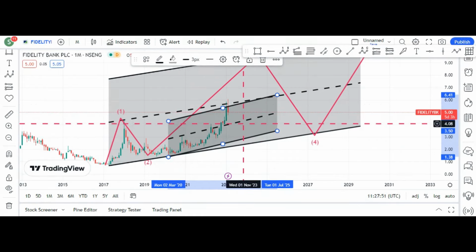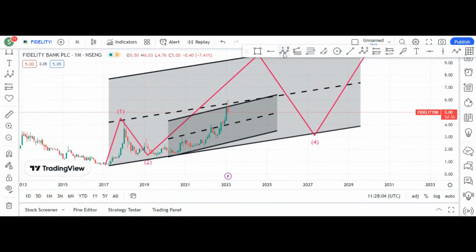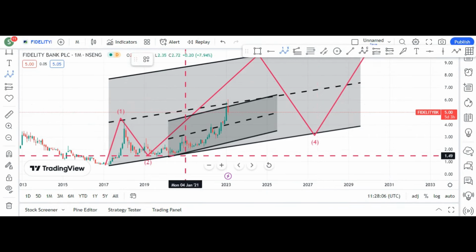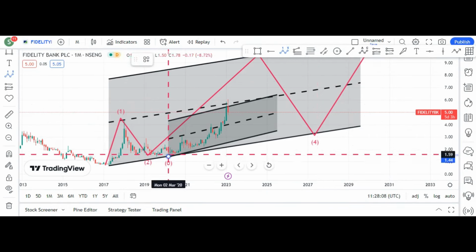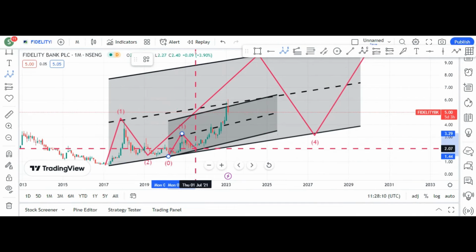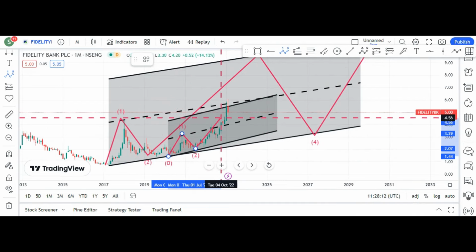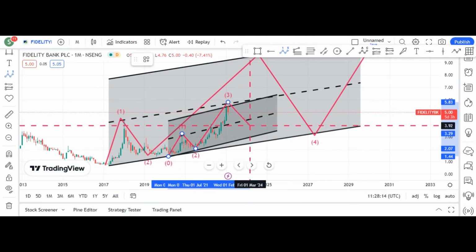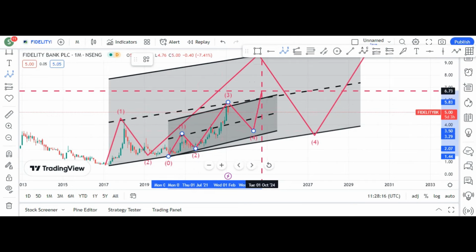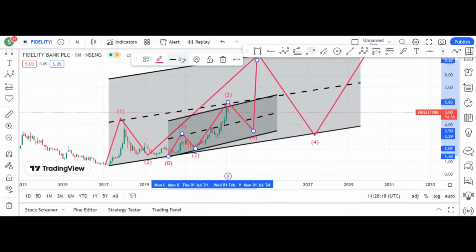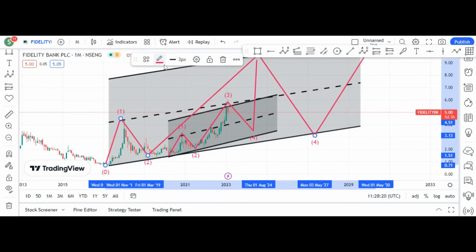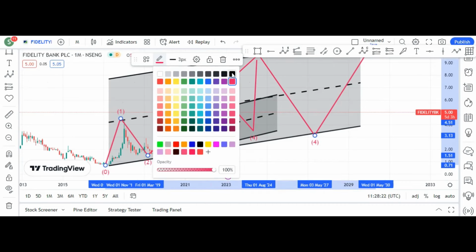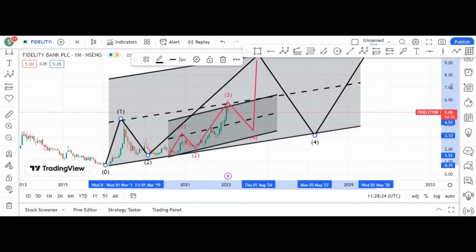And what you get next will be a retracement and a continuation. So with a drawing tool, this was the first wave, a retracement, which gave the second wave, the third wave, the fourth wave, and the fifth wave. Change the color to black color.